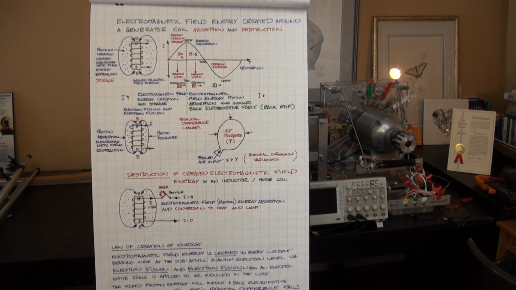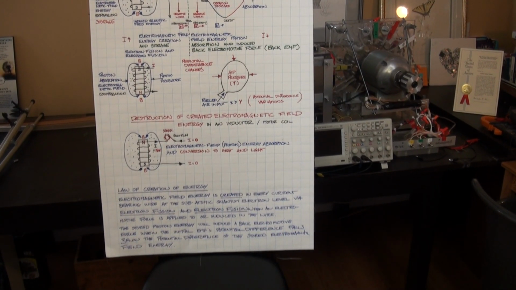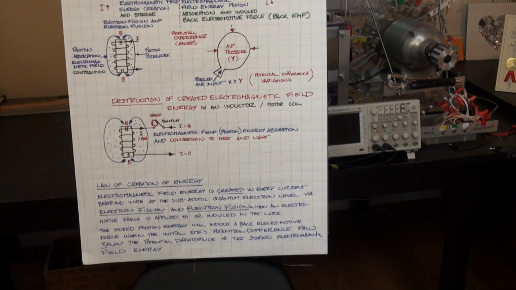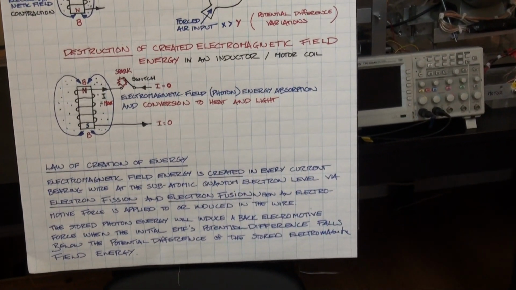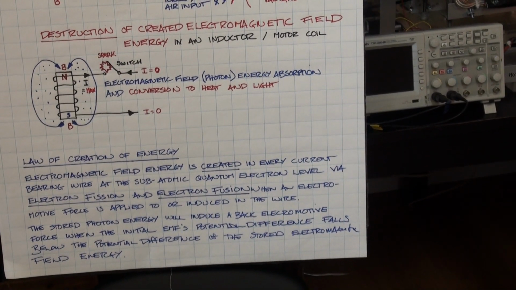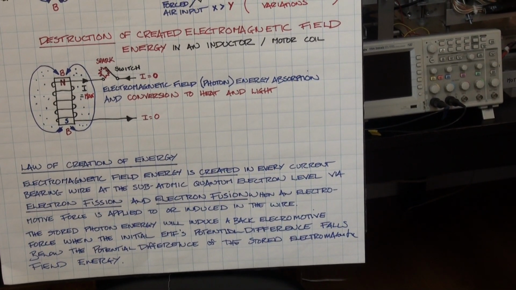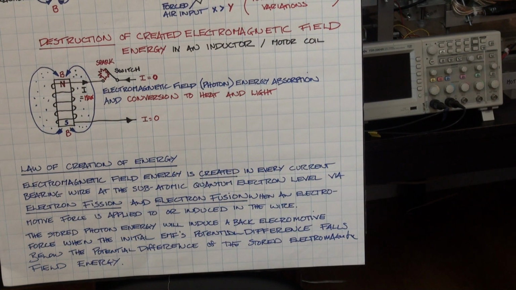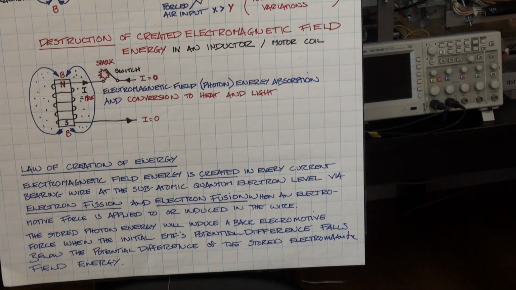So to sum up, the law of creation of energy states that electromagnetic field energy is created in every current-bearing wire at the subatomic quantum electron level via electron fusion and electron fission when an electromotive force is applied or induced in the wire.